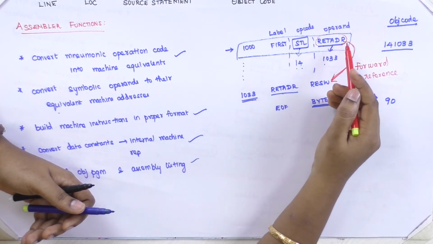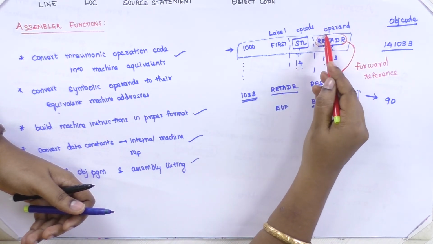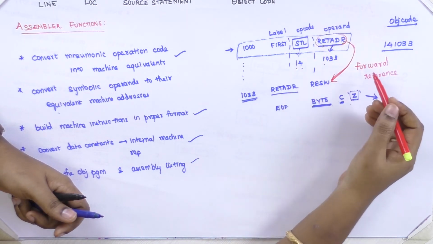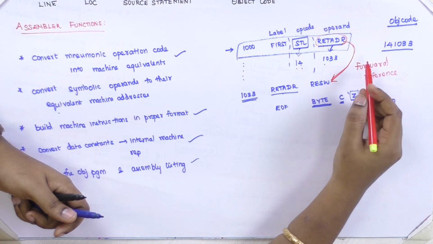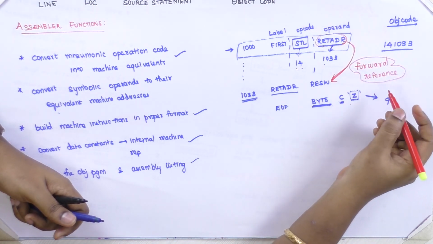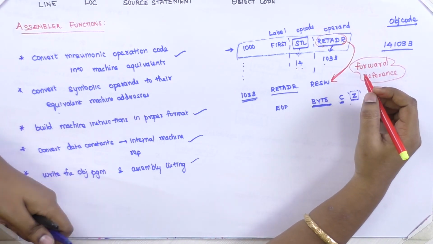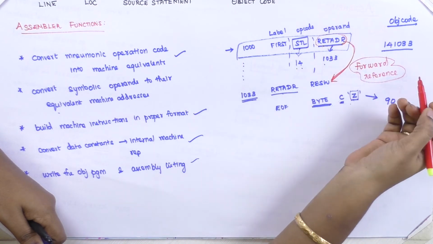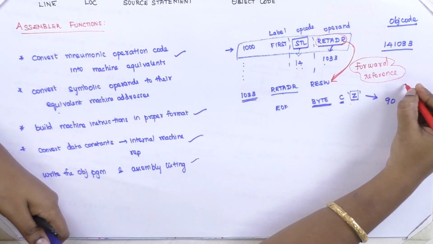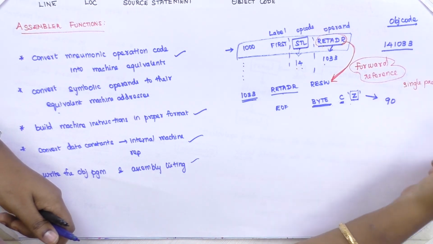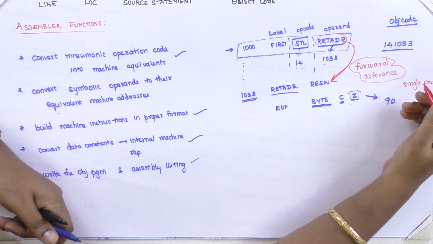Because of this forward reference problem, our assembler cannot convert the source program to an object program in a single pass. It will take 2 passes. Passes are nothing but 2 scans of our program.